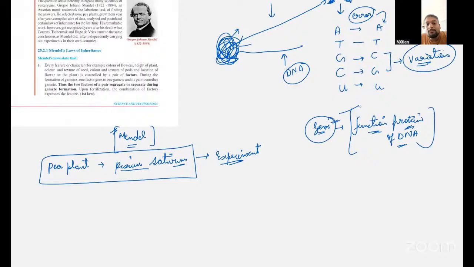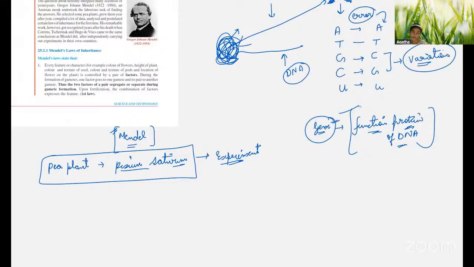So genes are responsible for the functional work, and they are also responsible for heredity from parents to the offspring. Whatever character should be inherited from parents to the offspring, genes are responsible. Everyone got this? Do genes fully copy the DNA given to them?